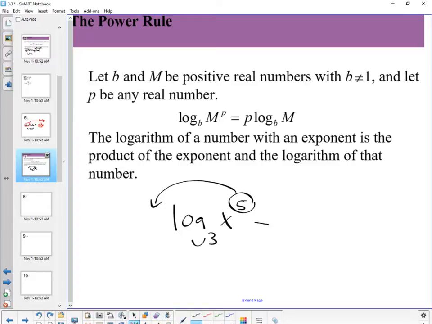So this can be rewritten as 5 times the log base 3 of x. That seems very simple. That's the rule. If I have the log of a power, I can take the exponent and kick it to the front and write it as, let me color code this for you. That's that same 5 right there.